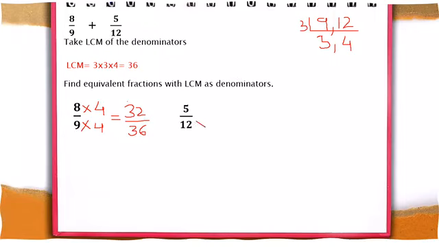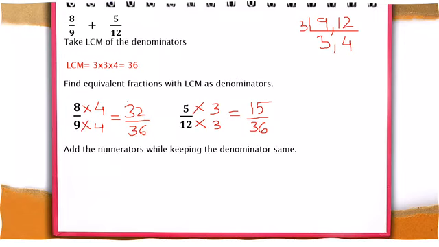Similarly, we have to check the other one to get its equivalent fraction with denominator 36. So 12 3s will give me 36. Same, if I multiply in the numerator, we get 5 3s are 15 by 12 3s are 36. So that will be 15 by 36. When we turn them into like fractions, we can simply add the numerators while keeping the denominators the same.